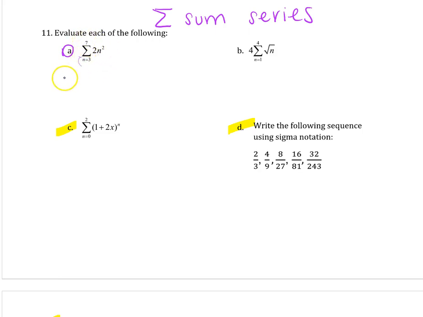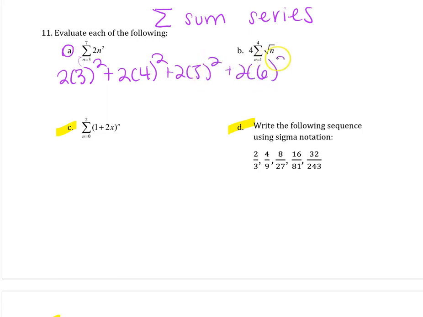This is your highest. This goes to 2 times 3 squared plus next integer value, 2 times 4 squared plus 2 times 5 squared plus 2 times 6 squared plus 2 times 7 squared. Stop. You'll notice that this is my start value. This was my end value. Plug that in your calculator, evaluate it.